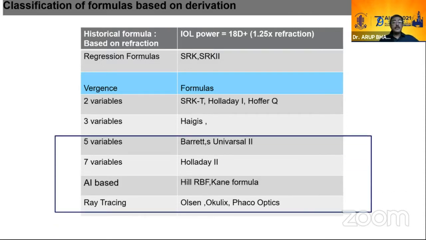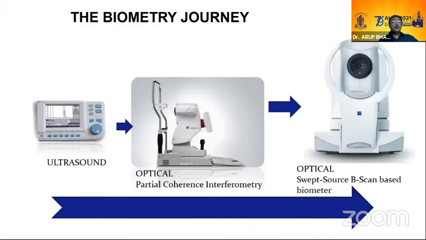But for this, you need different variables. Barrett needs 5 variables, and Holladay needs 7 variables. Though Hill RBF is not an actual formula, it is an AI-based pattern recognition formula. So we have a long journey, from ultrasound to optical swept-source B-scan based biometry.